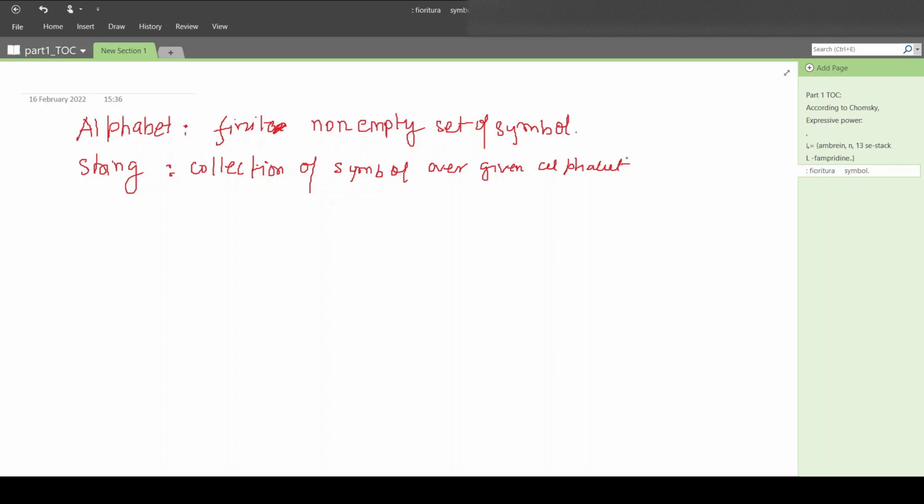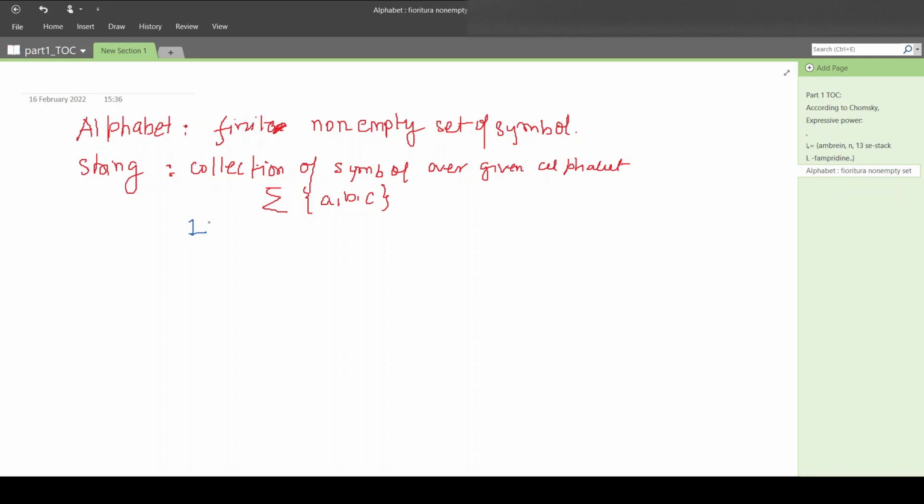Very much important. It is represented by sigma. From this we can form one length string, two length string, three length string, n length string. Also we can form zero length string, which is very much important.